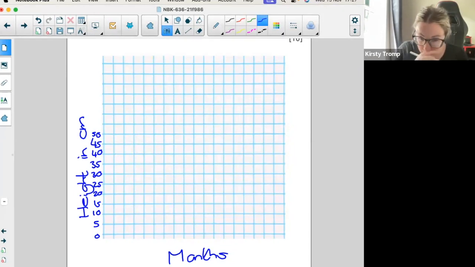Right. I need to have 6 months on the bottom. I think what I'm going to do is use each 2 and go up. So this is going to be month 1, month 2, month 3, month 4, month 5, and month 6.